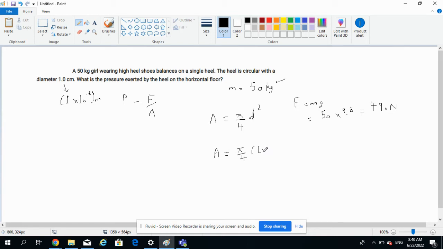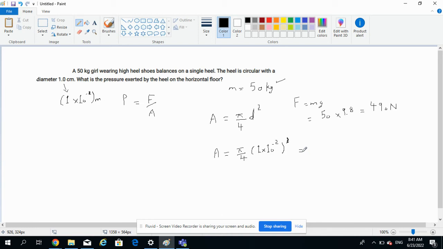Now, I'll give you a suggestion: when you're doing this in your calculator, do not forget to write it in brackets and then raise to power 2, because in this way you will avoid errors while calculating the answer. Now let's do this. Remember, the pi value is 3.142, and if you want to put in pi as a symbol in the calculator, make sure your calculator is in radian mode.